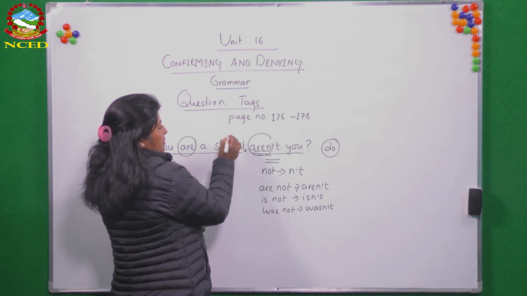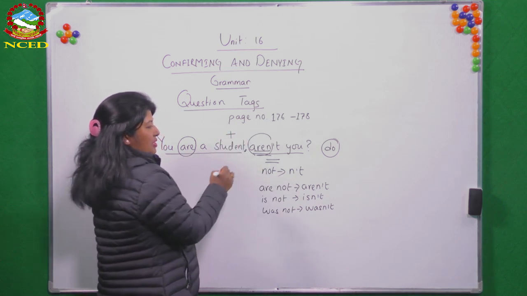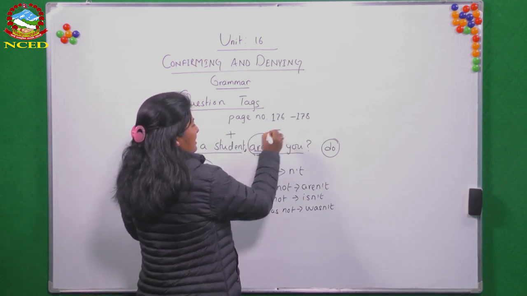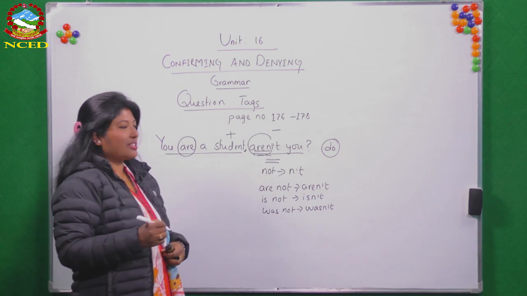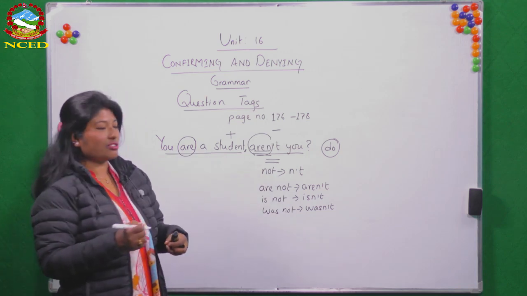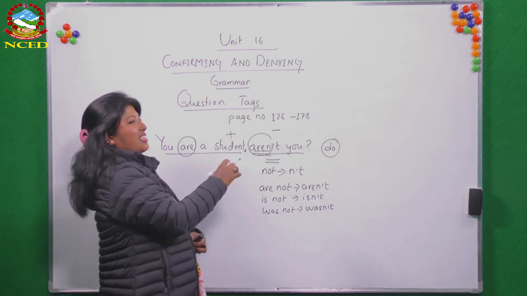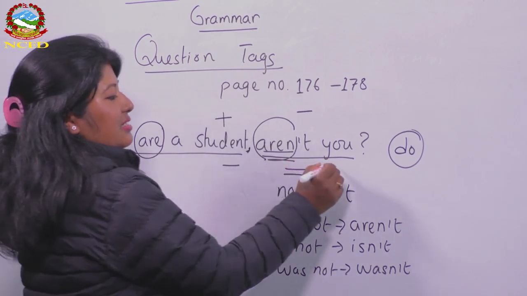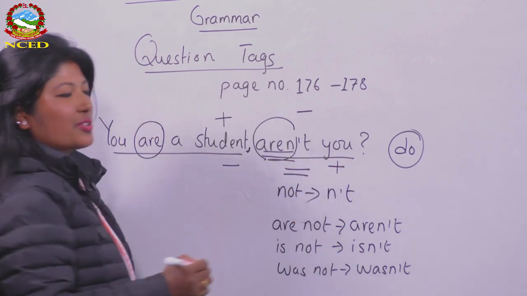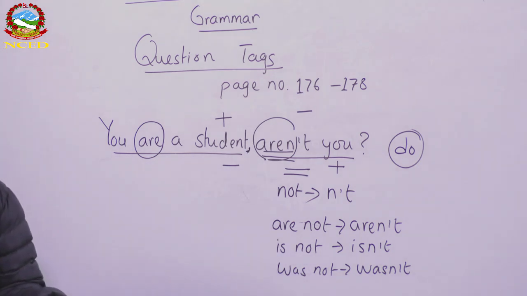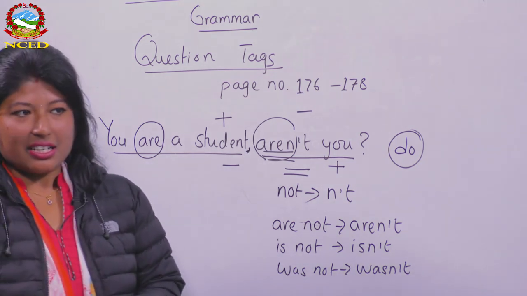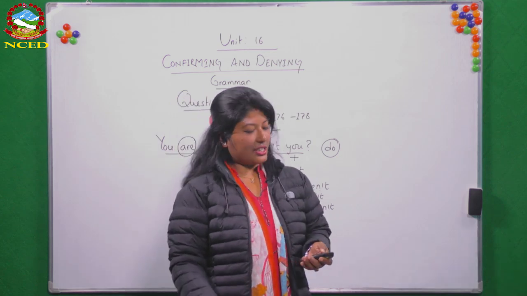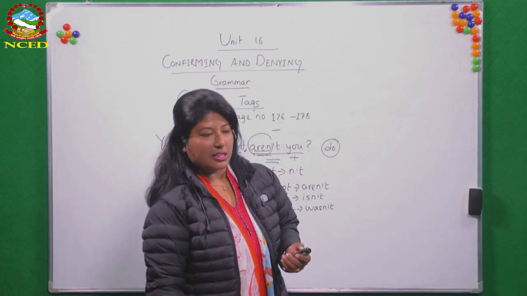This is a positive statement, okay, and the tag is negative, right? So this is the positive negative relation. It is vice versa. If the statement is negative, then the tag becomes positive, right? You remember this. And okay, what else can you analyze from this example?